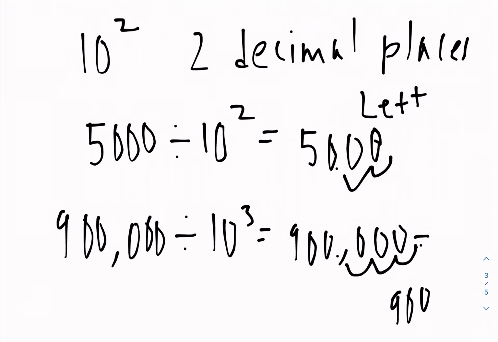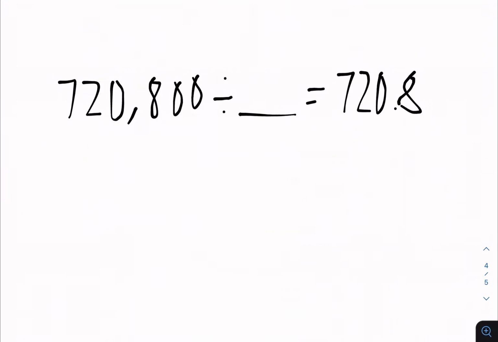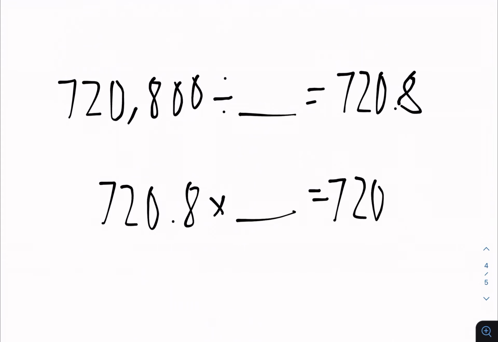Okay, so for the final problem, we have to fill in the blank. 720,800 divided by blank equals 720.8. So we can just rewrite this as 720.8 times a blank number equals 720,800.